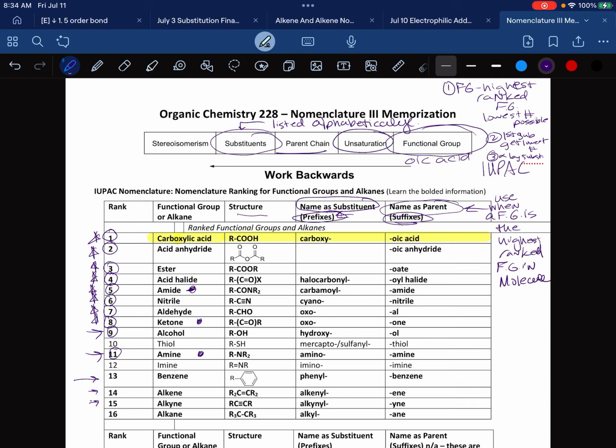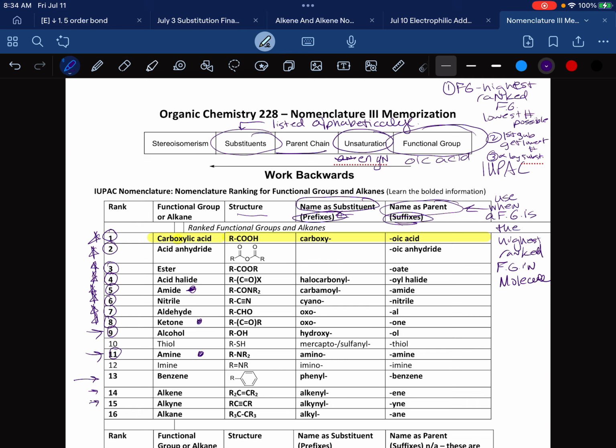Then we'll have our unsaturation. So remember, if we only have single carbon-carbon bonds, we're going to use the AN. If we have an alkene present, we would instead use EN. If we have an alkyne present, we would use YN. And if we have both an alkene and an alkyne present, we would have to put in both.